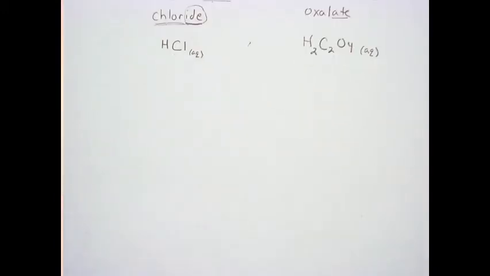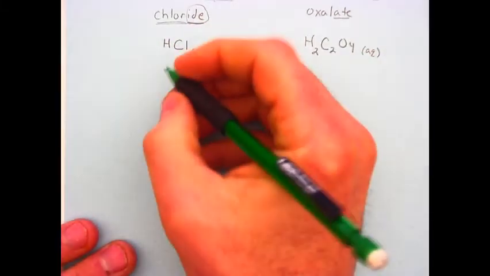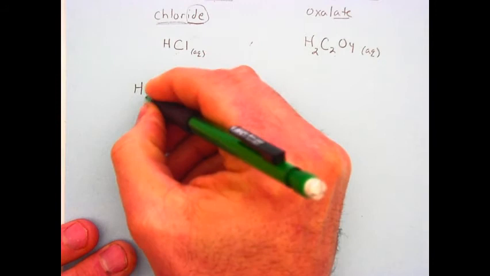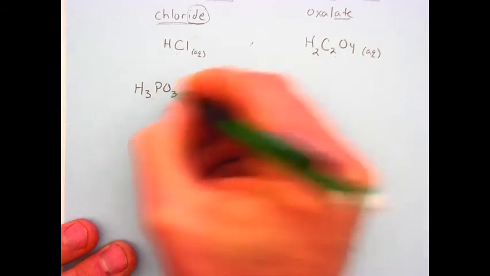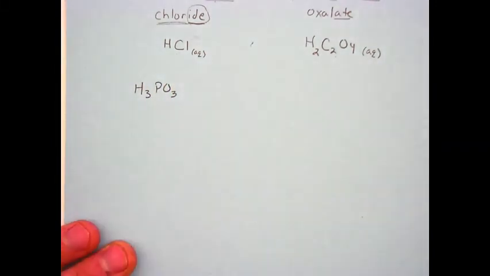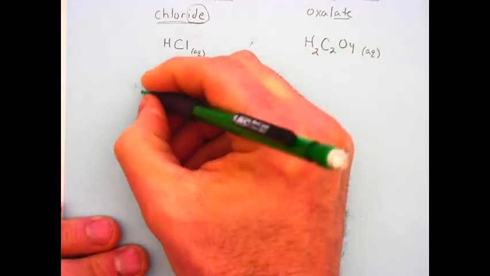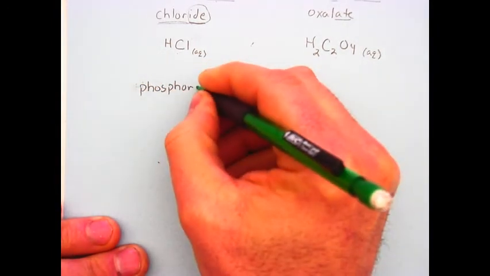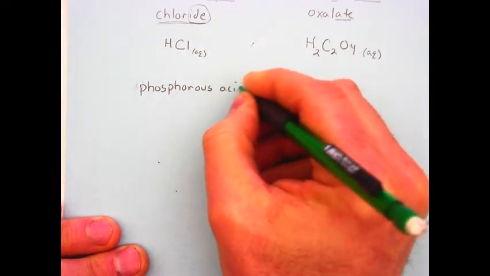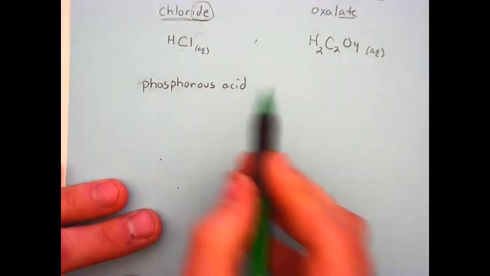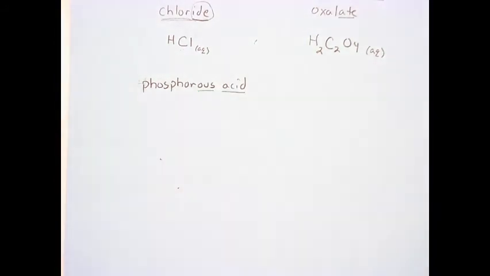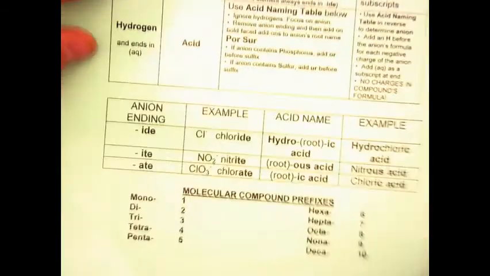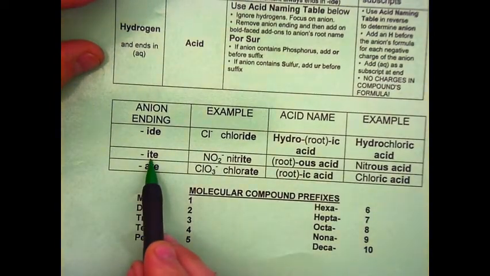One final example. Let's use one that has the per-sur rule. For example, let's say we have phosphorus acid. Now, here we have ous acid, which means that the original anion ending was ite.